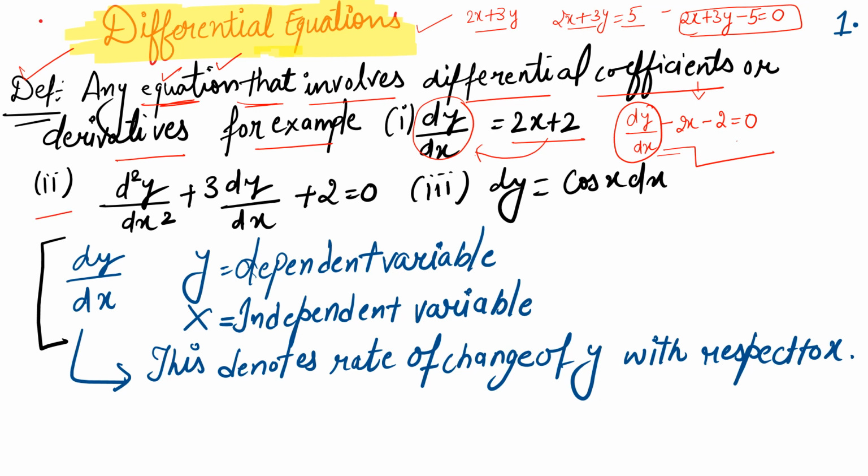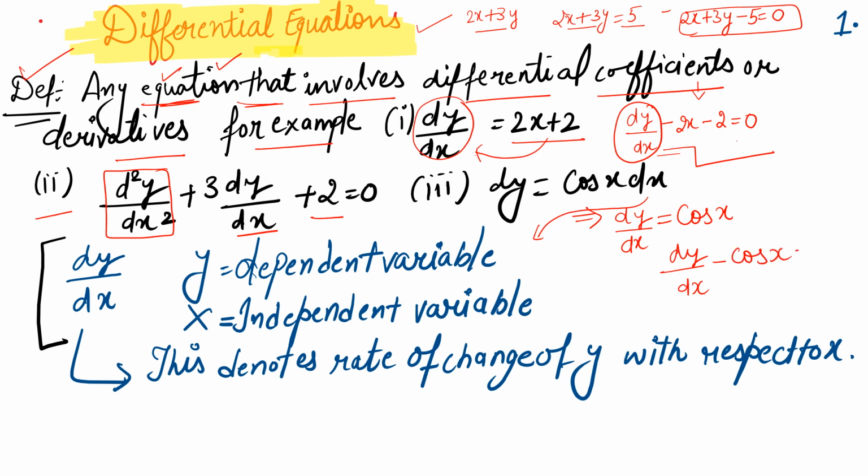Now second example, d square y upon dx square, that is second derivative, plus first derivative plus any constant. dy is equal to cos x dx. This is also an equation when we take dx to the left hand side. dy upon dx is equal to cos x. dy upon dx minus cos x equal to 0.